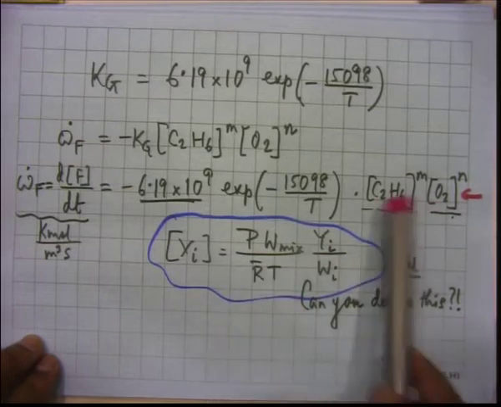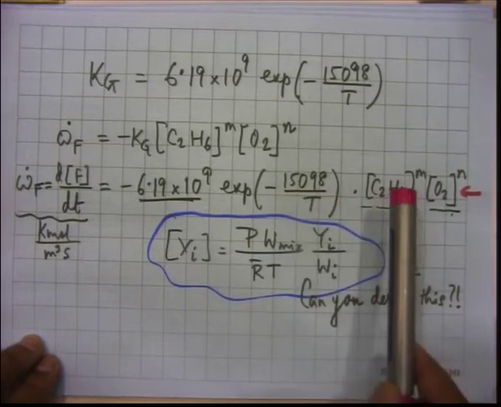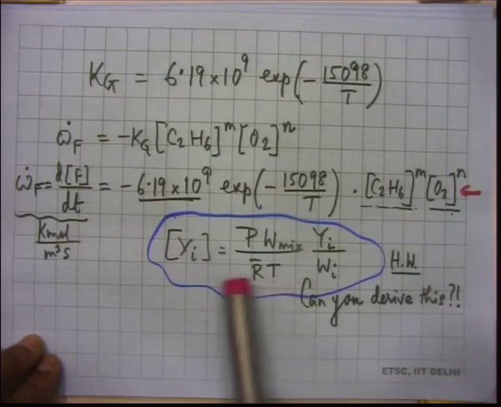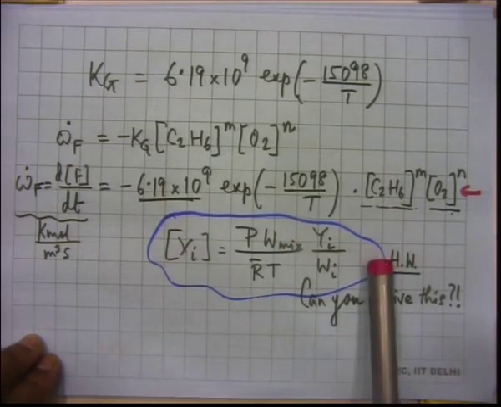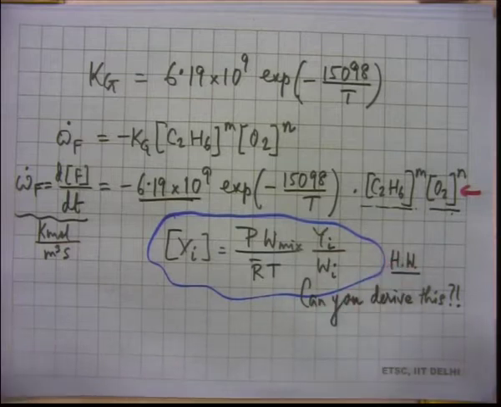In this expression, we will replace concentrations in terms of mass fractions using this sort of a relation. Why are we doing this? Because the well-stirred reactor model that we built was in terms of the mass fractions. So, we wrote yi in, yi out and all that.